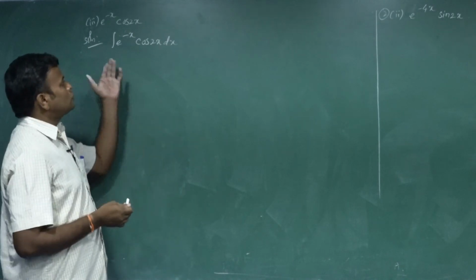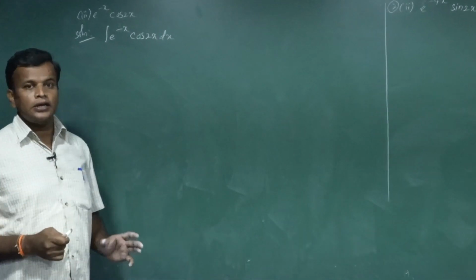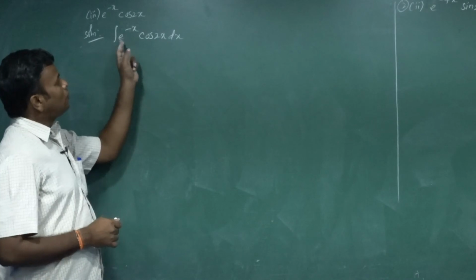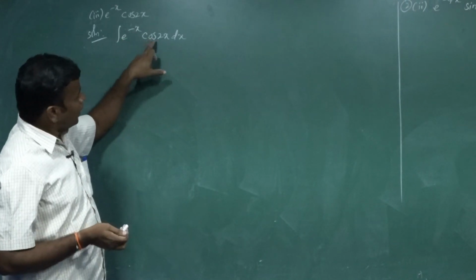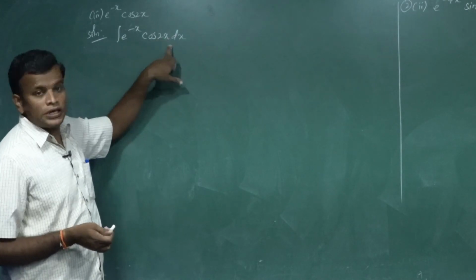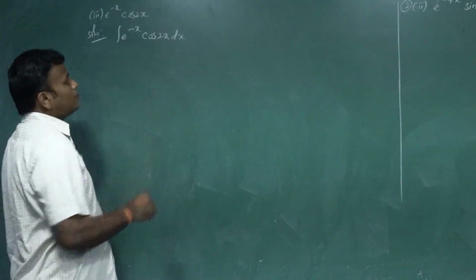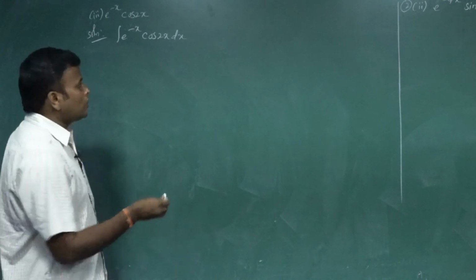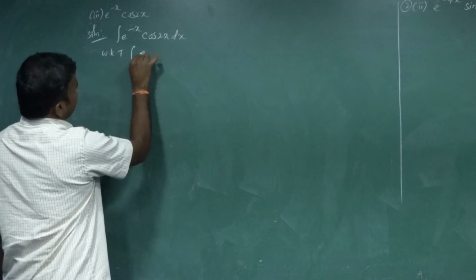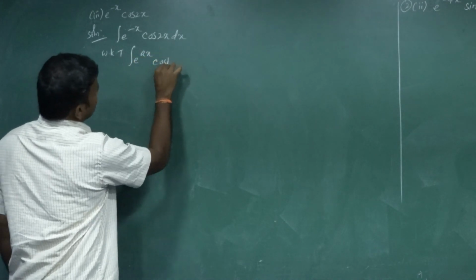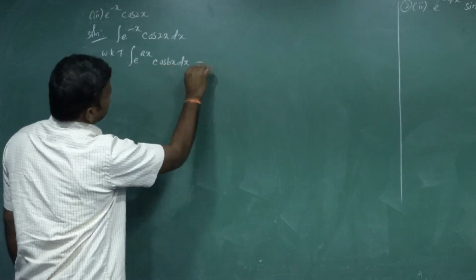So the idea of using the formula is our own idea. You see the given sum is of the form e power some x, that is e power ax, and cos 2x, so cos bx. So it is of the form e power ax into cos bx. So I write this formula, integrating of e power ax into cos bx dx.